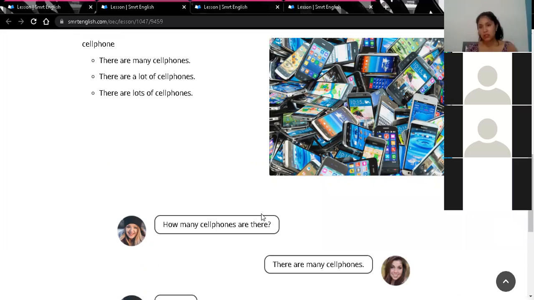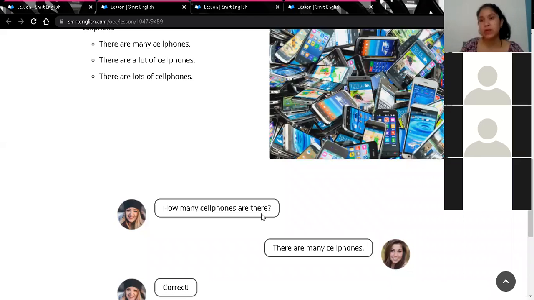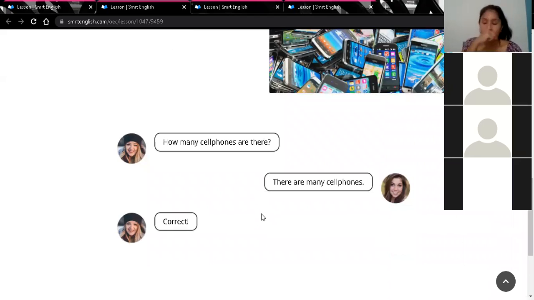This is already answered, so you can have an idea of what you have to ask or answer. For example, according to the image, one person can ask, how many cell phones are there? Why many? Because we can count cell phones. And the answer will be, there are many cell phones.